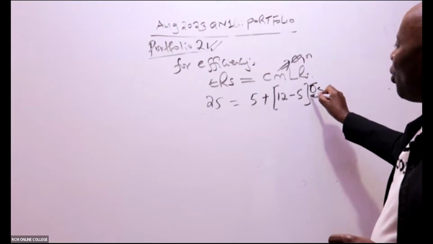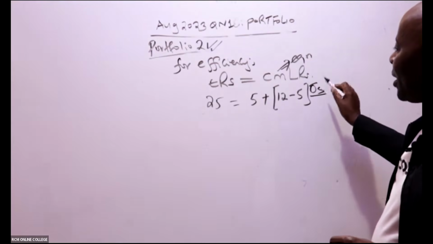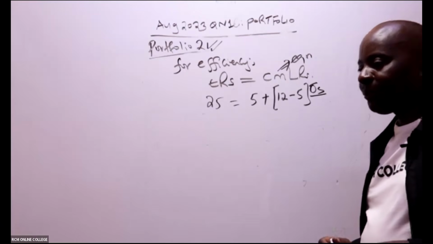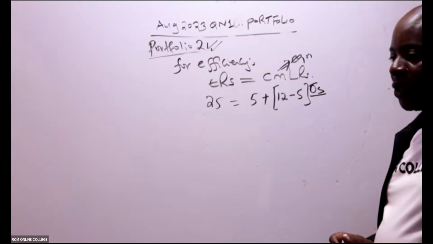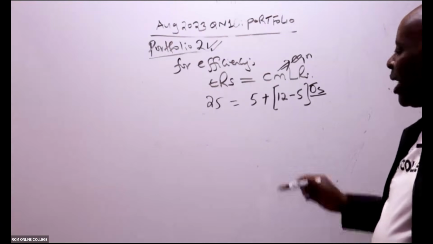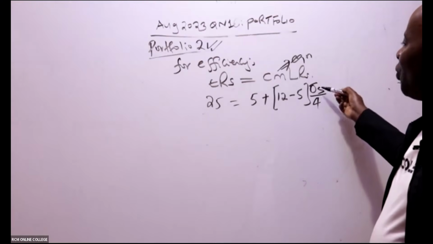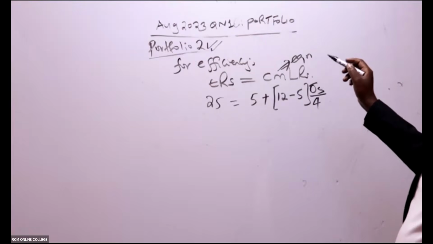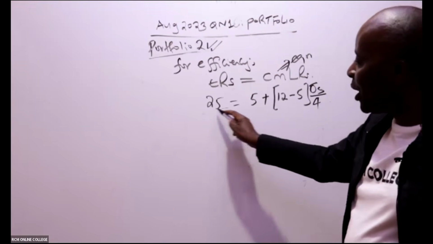All over the standard deviation of the market, which does not change. What was the standard deviation of the market? Yeah, 4. So your role is to make this the subject of the formula. The very first thing you'll do is to have this going to the other side.